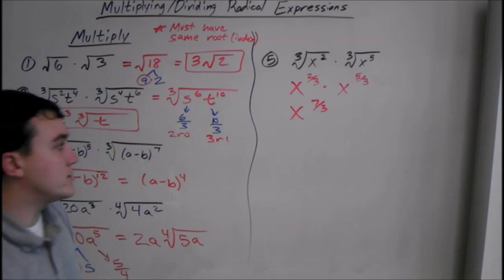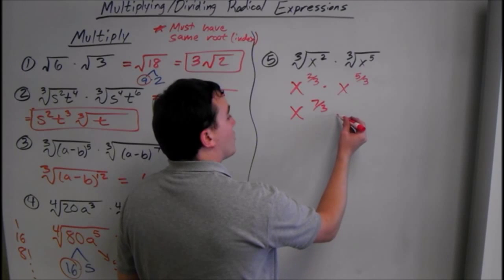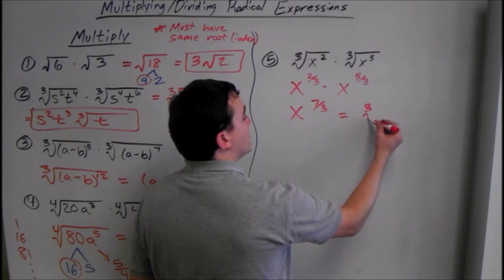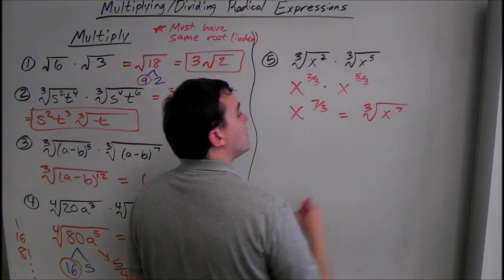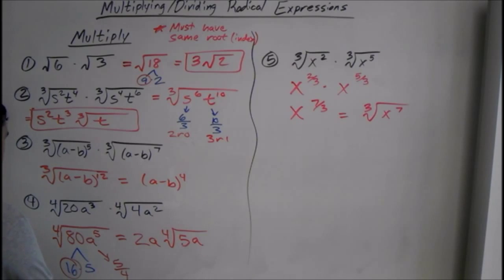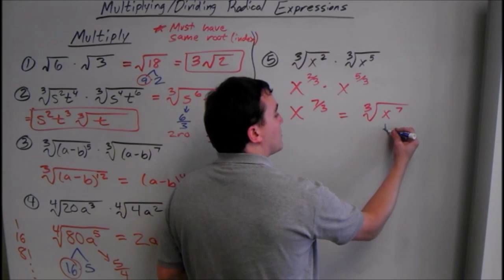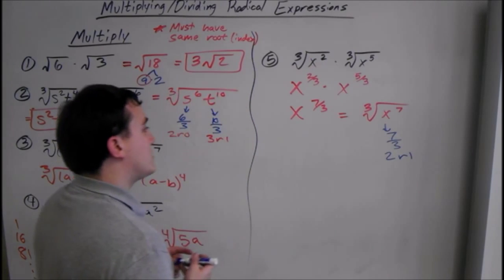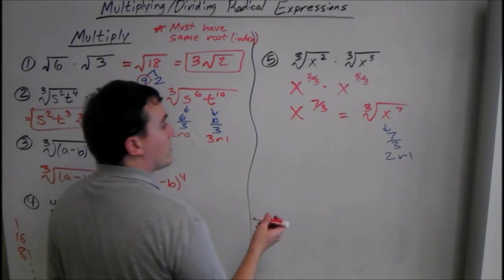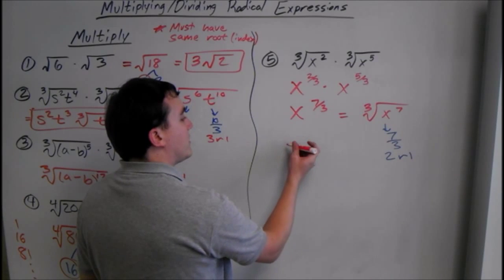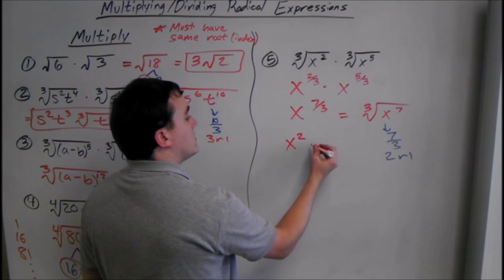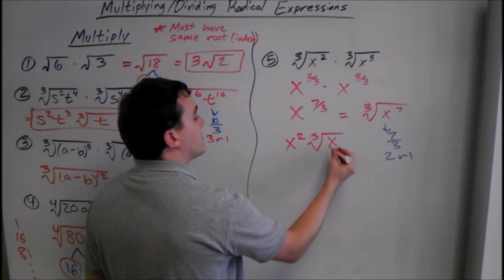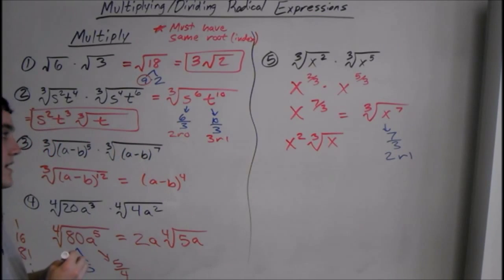So you could either say 7/3, or you could say the cube root of x to the 7th, which could easily be simplified because exponent divided by root 7/3 is 2 remainder 1. So we could take 2 x's out and leave 1 in. So it might look like x squared times the cube root of x to the first power. Since that's how many we take out, that's how many we leave in.